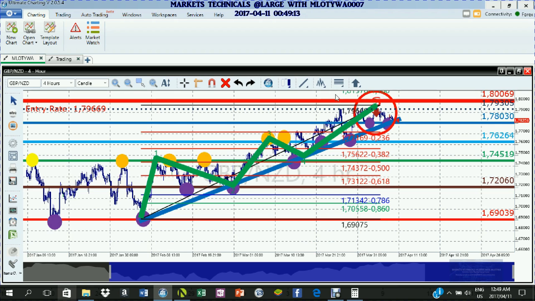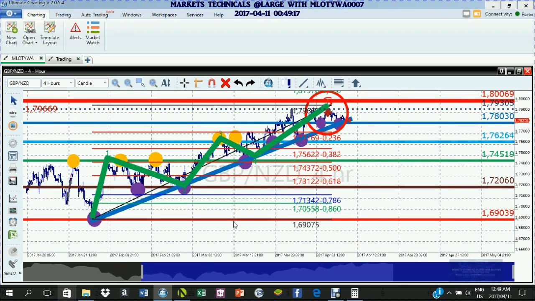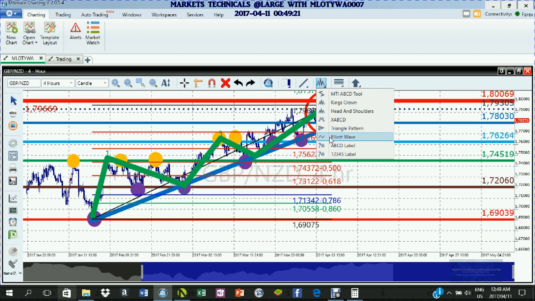Okay, so now what do we expect from 0.5? I'll put the Elliott wave, guys.